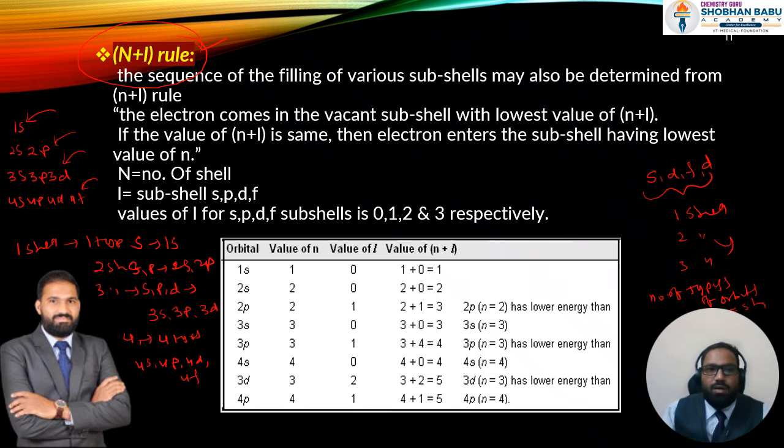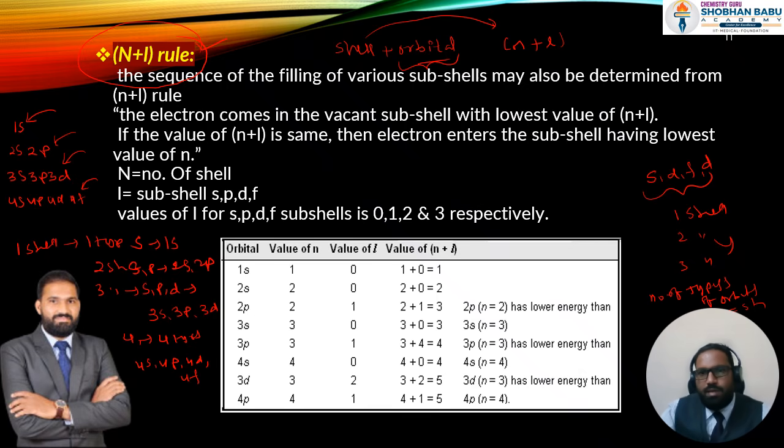It means we must consider not only the shell but also the orbital. The shell is represented with the n value, and the orbital angular momentum is represented with the L value.